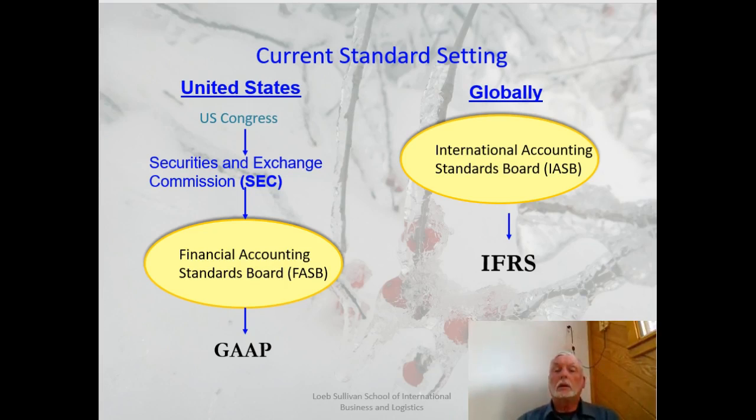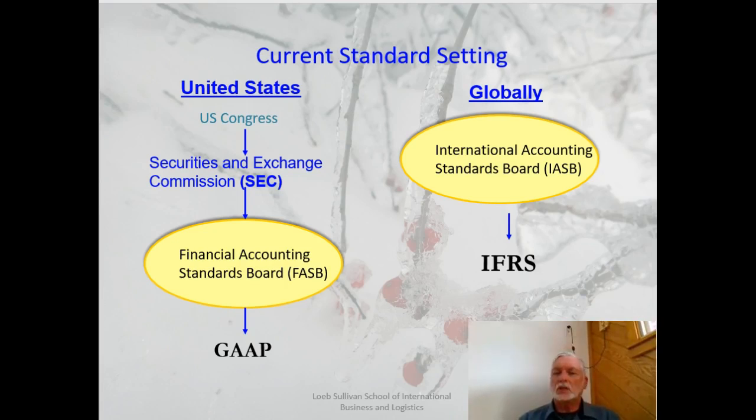The Securities and Exchange Commission said, well, we need to do that, but we're going to appoint a board to do that, and that's the Financial Accounting Standards Board. That's composed of accounting practitioners, CPAs, academics and industry people, and they work together to create GAAP, generally accepted accounting principles. So that's the United States system.